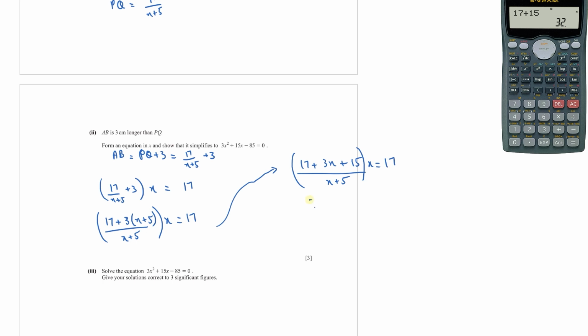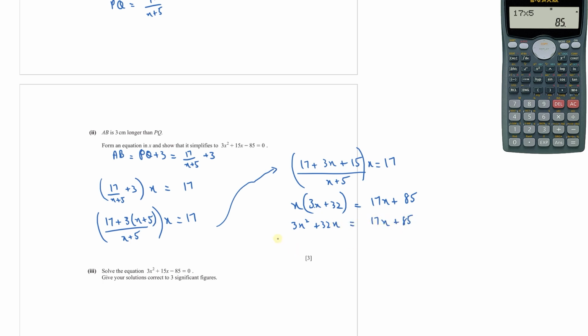So 3x plus 32 times x. If I take this x plus 5 to the other side, it will be multiplied. So I will get 17x plus 17 times 5. 17 times 5 is 85. And if I open this bracket, I get 3x squared plus 32x equals 17x plus 85.